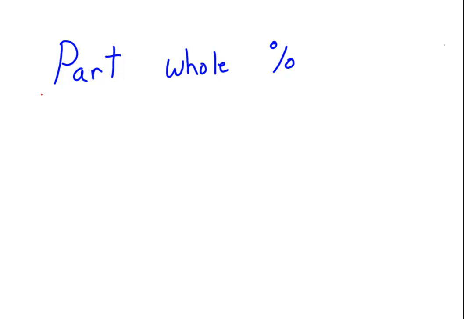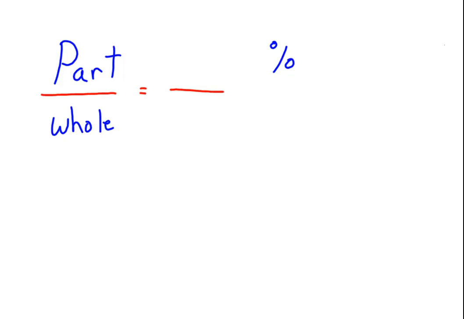So the equation looks like this. Part becomes the numerator in our fraction. Whole becomes the denominator. We're going to have an equal sign in our next fraction, and we're going to have a percent, and we always have 100. The percent is always over 100. So our new formula is part over whole is equal to percent over 100.